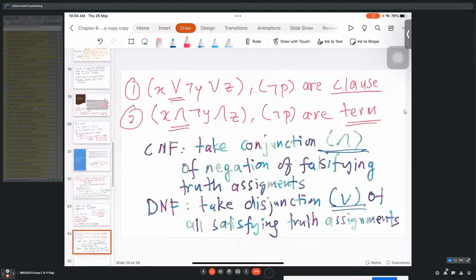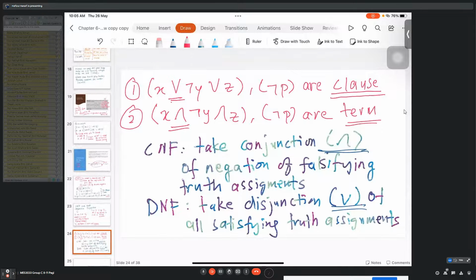For example, if you see (x or negate y or z) and negate p, these are clauses, because we have OR over AND. This one is CNF. Then in number two, (x and negate y and z) or negate p are terms, because we have conjunctive, we have AND here.